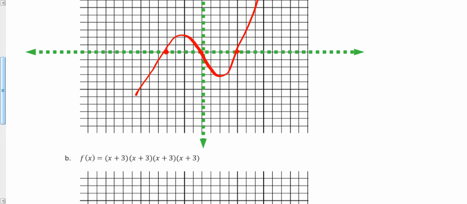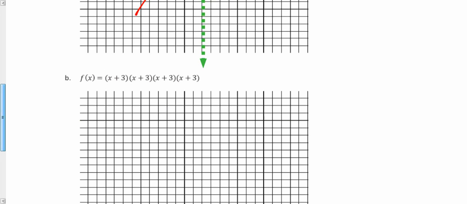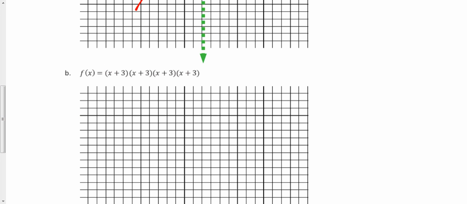On the bottom one, let's do the bottom one. What are my solutions? Oh, I'm sorry, what are my factors? x plus 3. And what are my factors equal? My factors equal 0, right? You're thinking, what's the multiplicity of this factor? How many times does it pop up? 4 times, right? Okay?